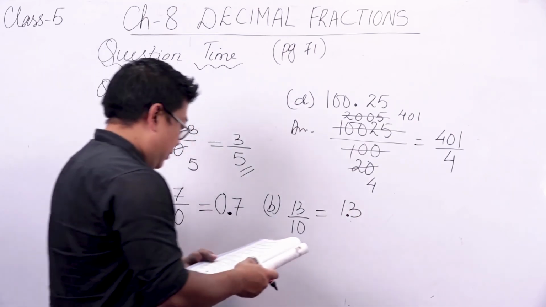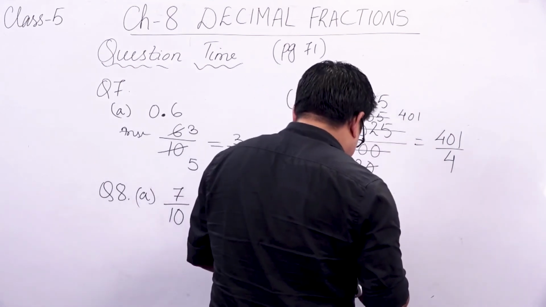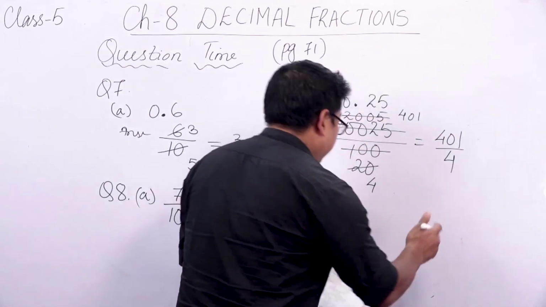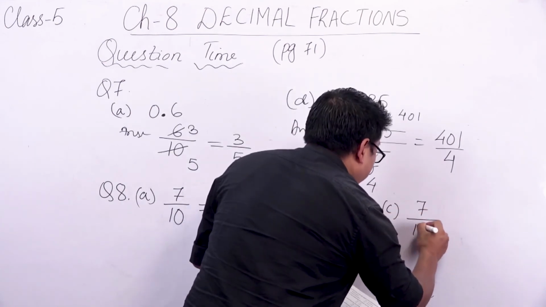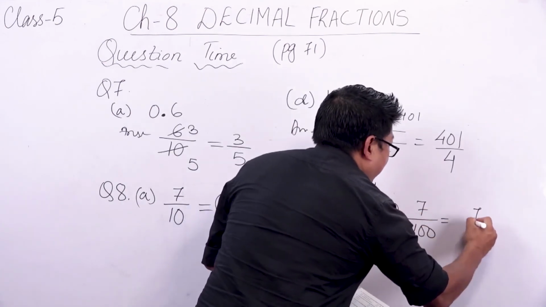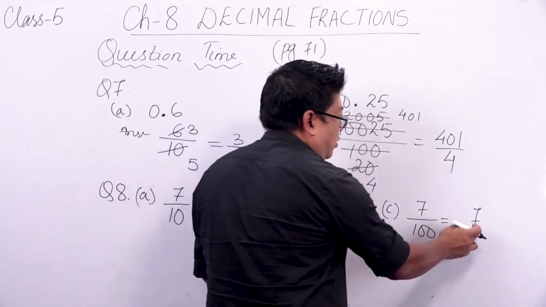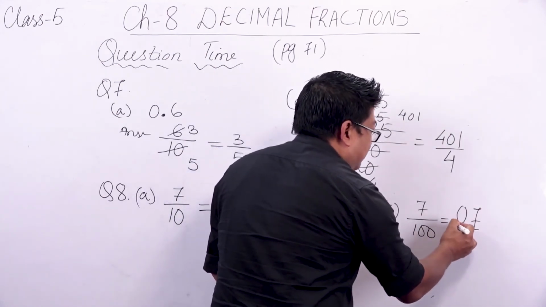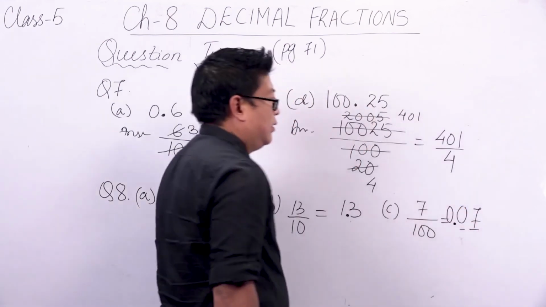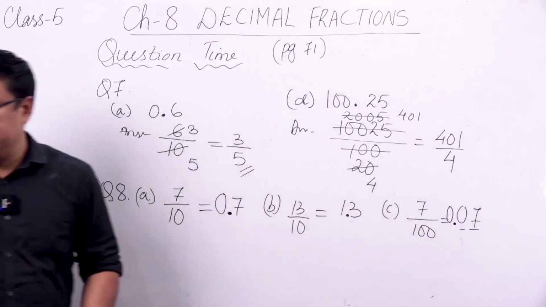Okay. Let's look at another example. C, 7 by 100. 7 you write as it is. 2 zeros. So one place, two places and point. All right. I hope you are getting this.